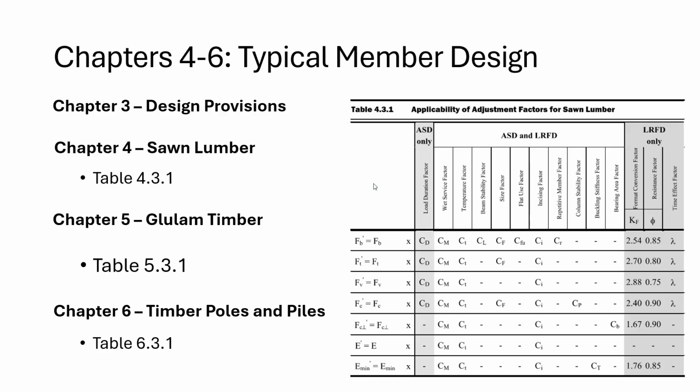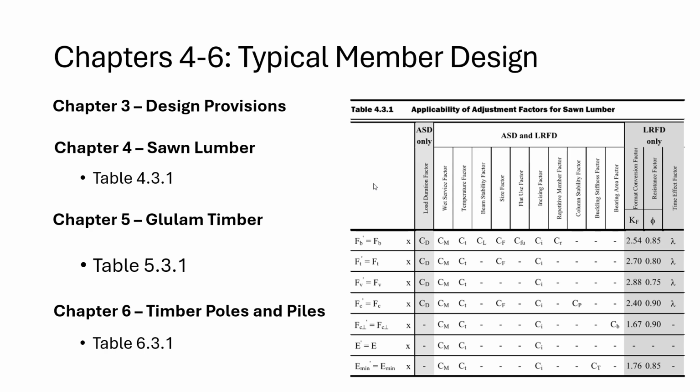That is where you want to start once you have your reference design values. And this comes from each type of member section. So for Chapter 4, I have on the right here, you can see the adjustment factors for sawn lumber. And this is Table 4.3.1.